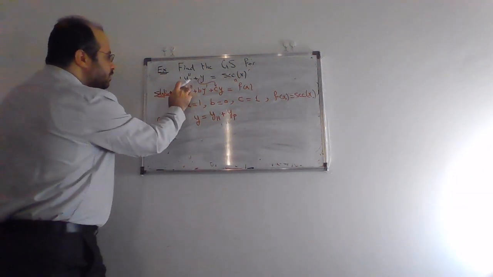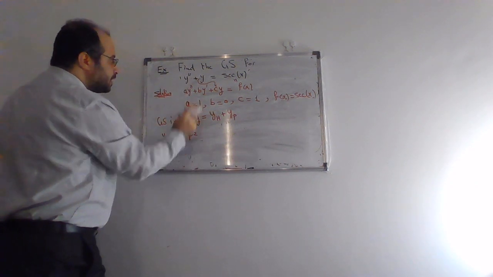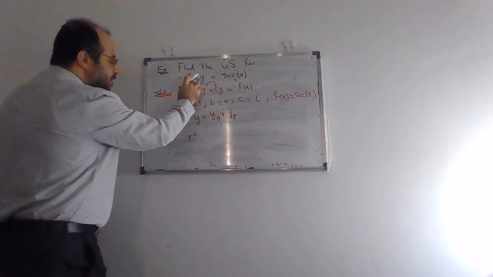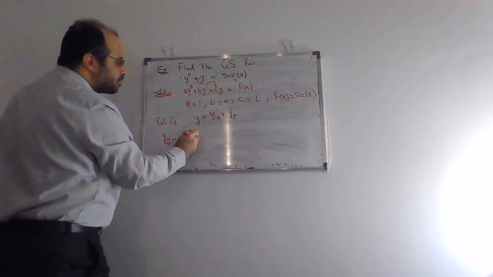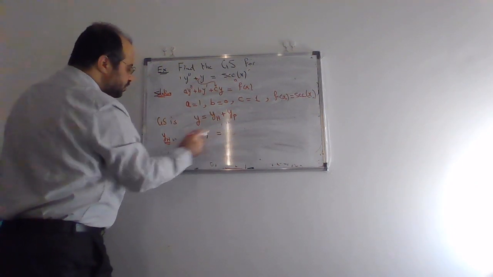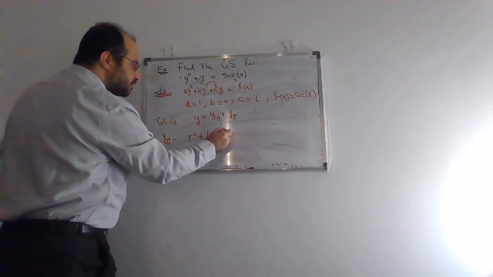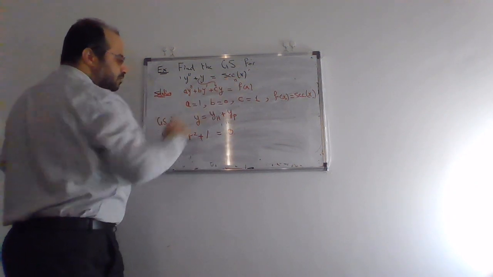You go to the equation, replace y double prime by r squared, replace y prime by r, we don't have y prime, replace y by 1. And then you make it homogeneous, which means you make that equal 0.